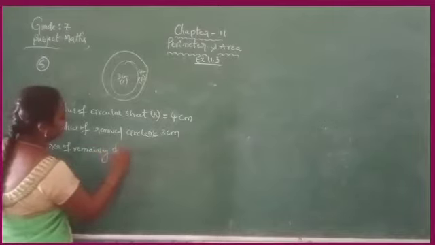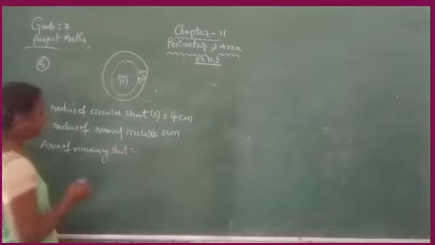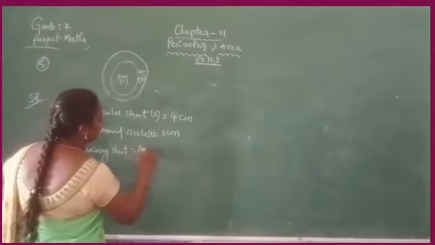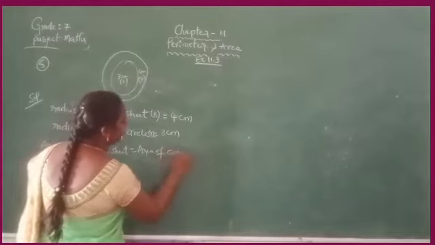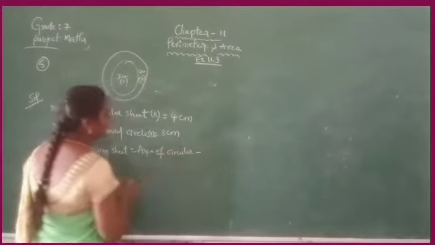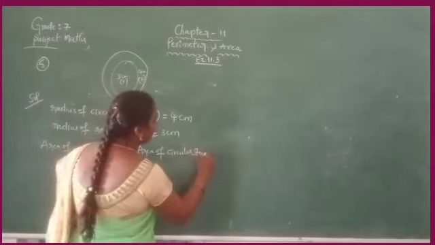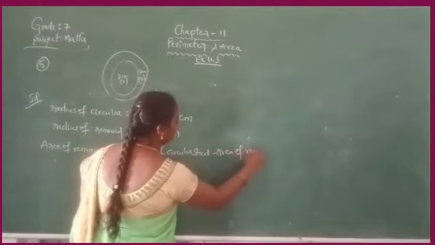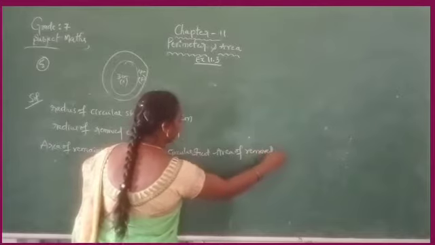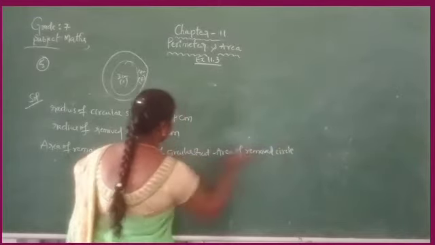We have to find now area of remaining sheet. So how we will get the remaining sheet? We will get the remaining sheet is area of circular sheet minus area of removed circle.